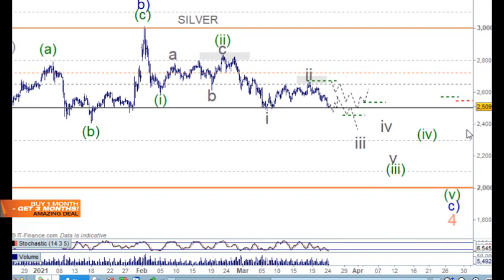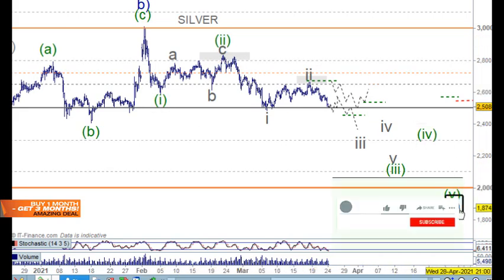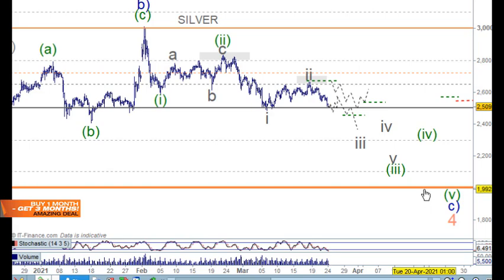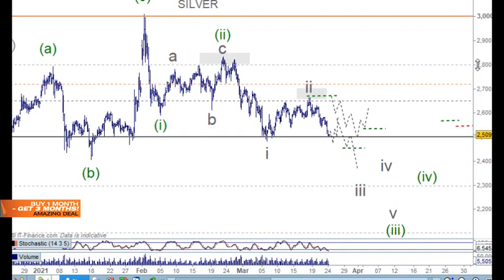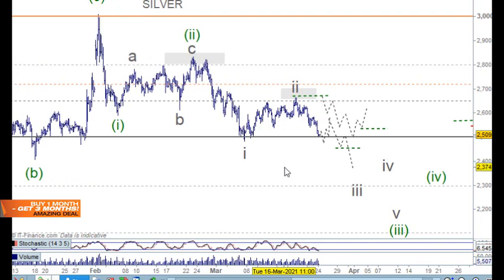So in a nutshell, we're going from wave B up here all the way down to wave C, to where wave 4 will finish off here as 1, 2, 3, 4, 5 waves for wave C of 4. So that's where we're at. So we may be down at $20 again, or close to it. We'll just take one step at a time and look at that.